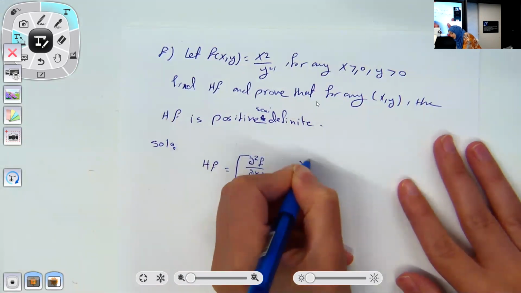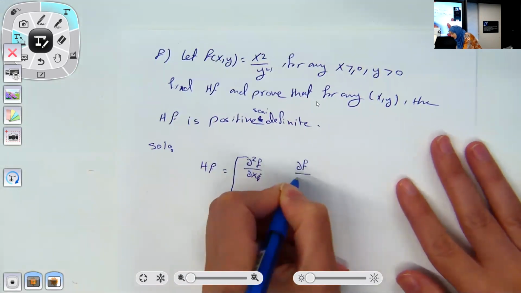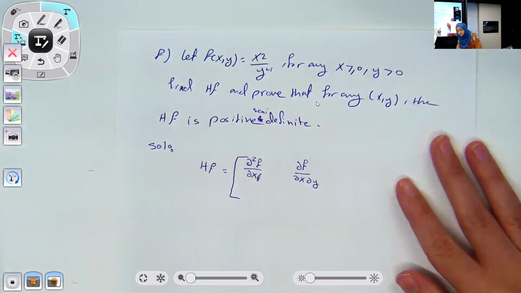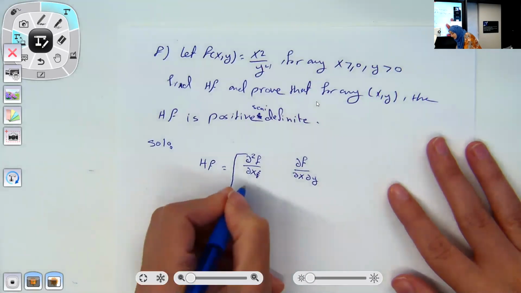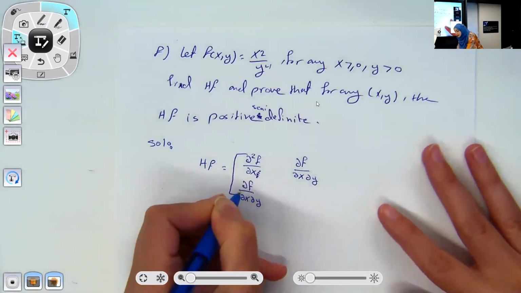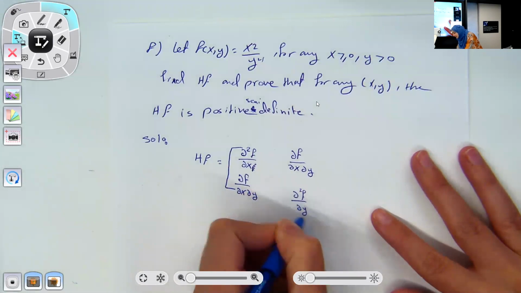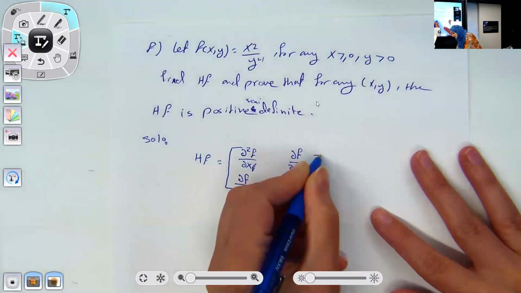Here we have the derivative of the function the first time with respect to x, and the second time with respect to y. Here we have the same thing with respect to y and with respect to x. And here we have the first and second derivative with respect to y.